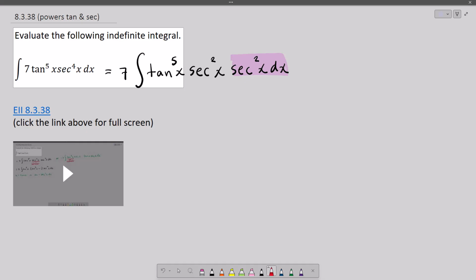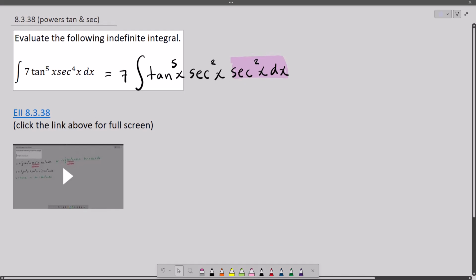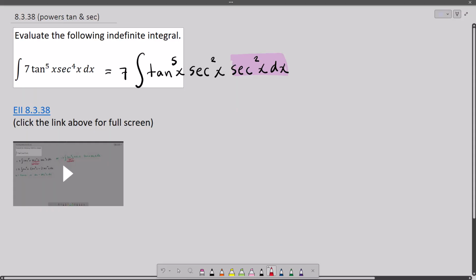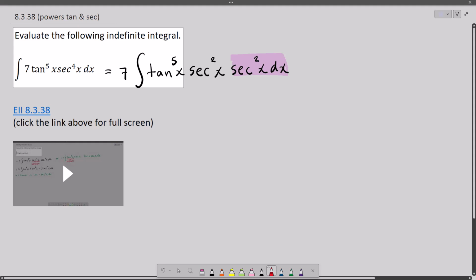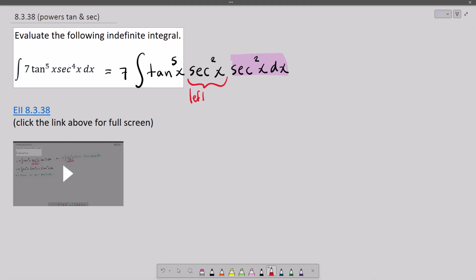So the leftovers are right here, and these leftovers can be converted very easily. So these are the leftovers. So we'll convert those with that identity right there.